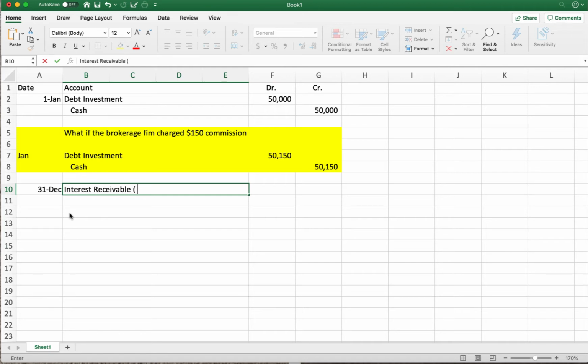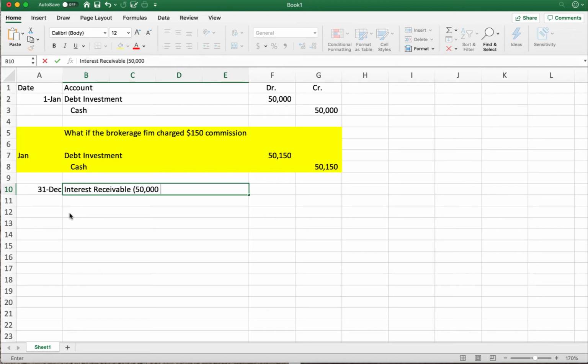for how much? Well, just like we did in Chapter 15, calculating that interest is the same exact way, right? What's the total investment? Well, $50,000, right? That's the face amount of the bonds, right?